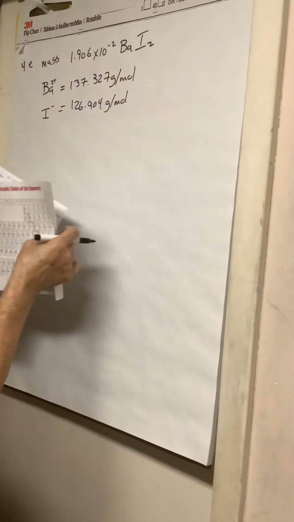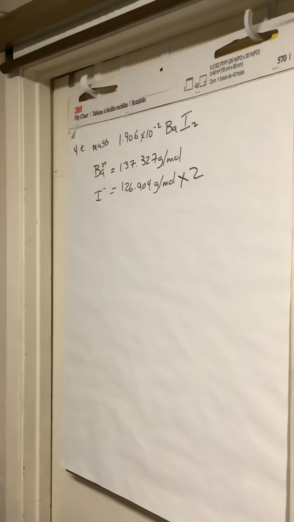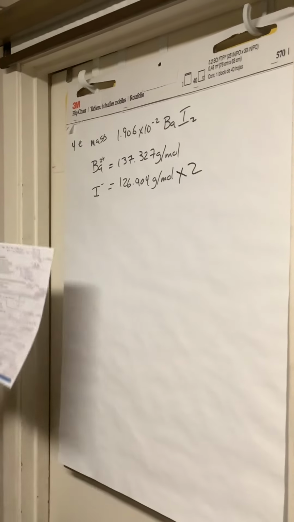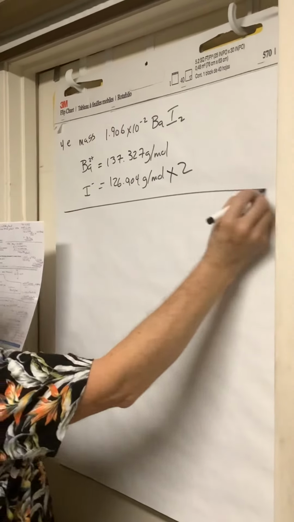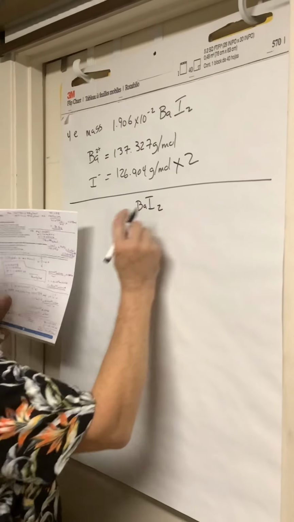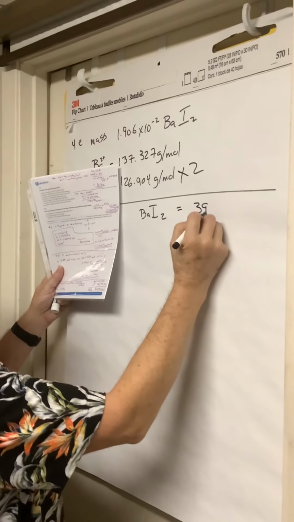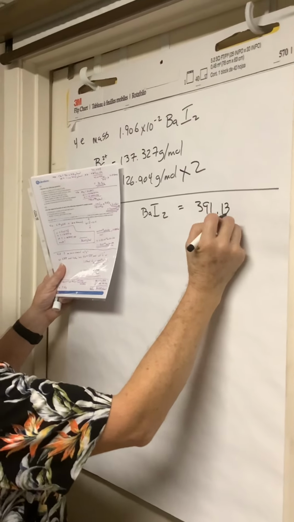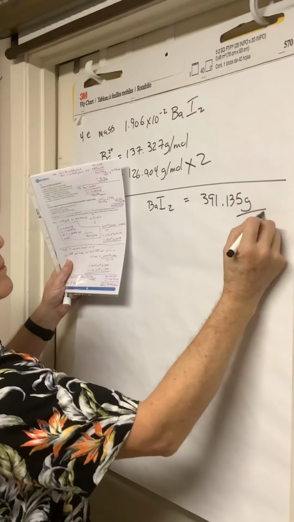And I went ahead and did the math. And if I do the math, my barium iodide, BaI2, is equal to 391.135 grams per mole.